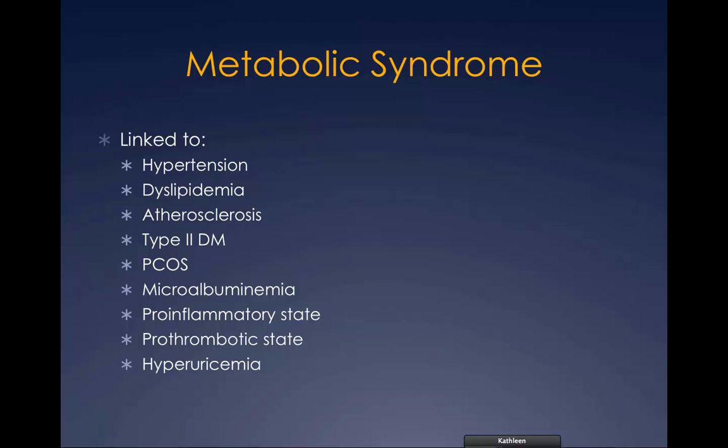The localized elevated pressure in the glomerular vessel is involved in increased microalbumin secretion, and microalbuminemia is a strong predictor of cardiovascular morbidity and mortality.